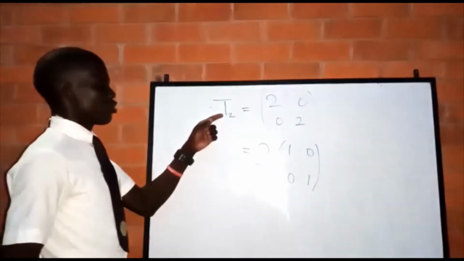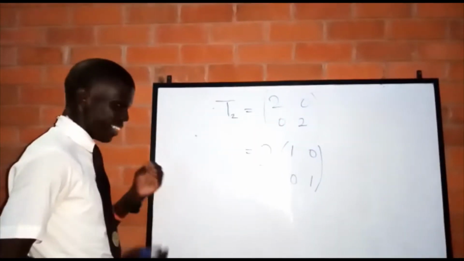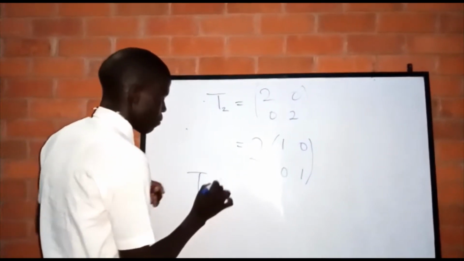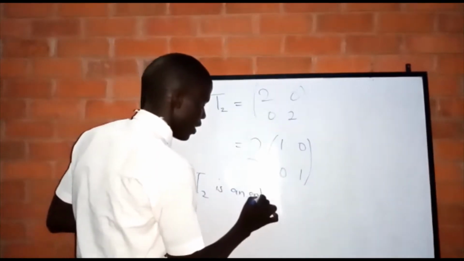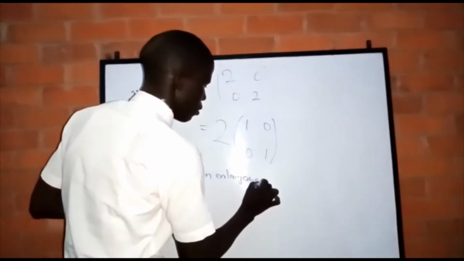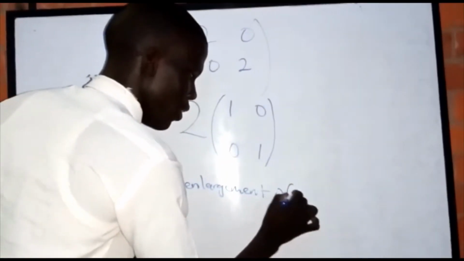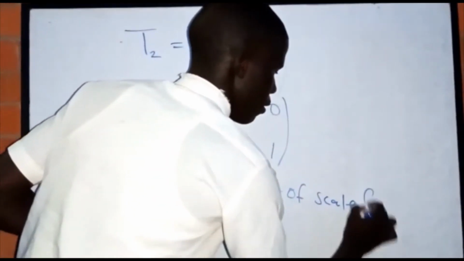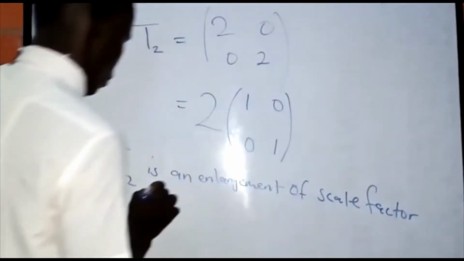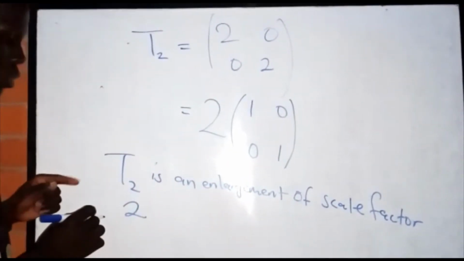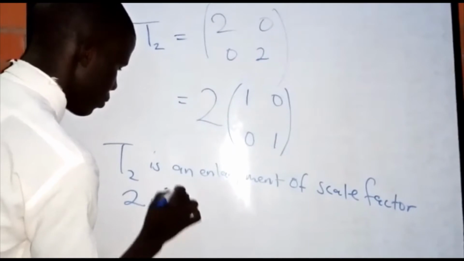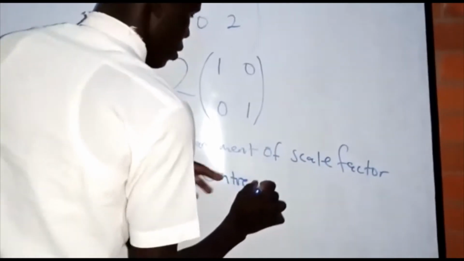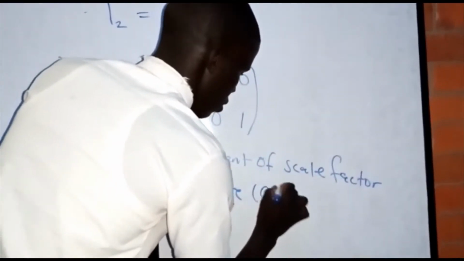So the matrix of transformation T2, we can now describe it fully. Our T2 is an enlargement of scale factor 2 with center (0, 0).